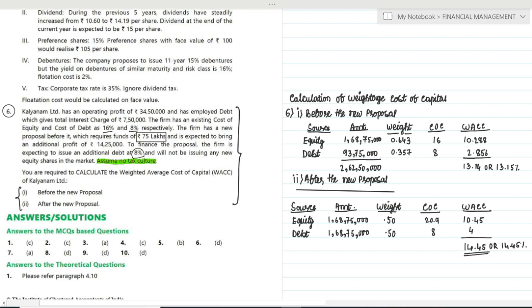This is a tax haven country where the company exists. So due to tax haven country, we need to eliminate the tax effect in the formula. You are required to calculate weighted average cost of capital of Kalyanam Limited.